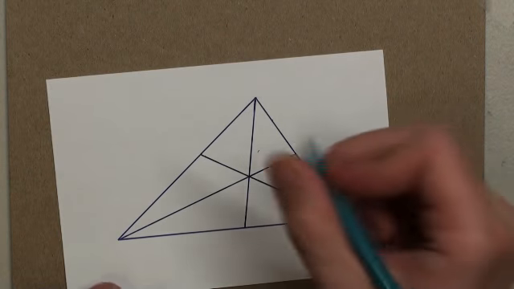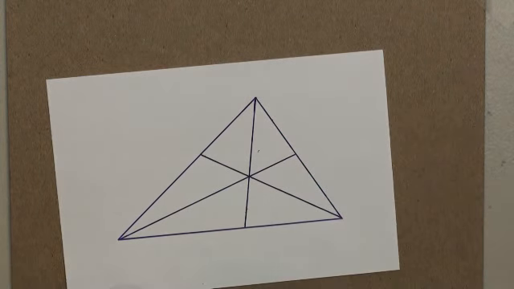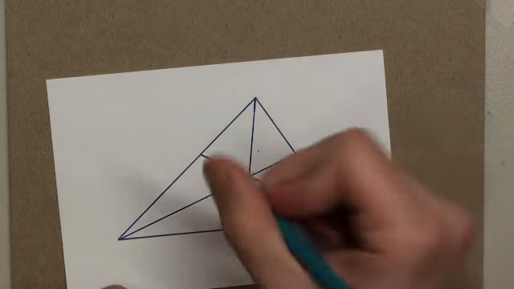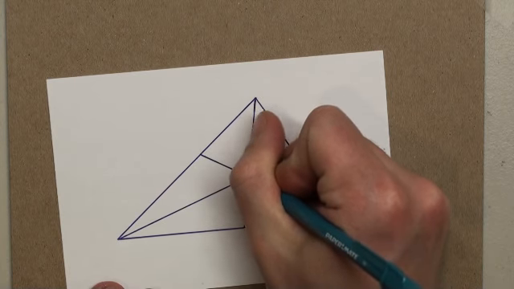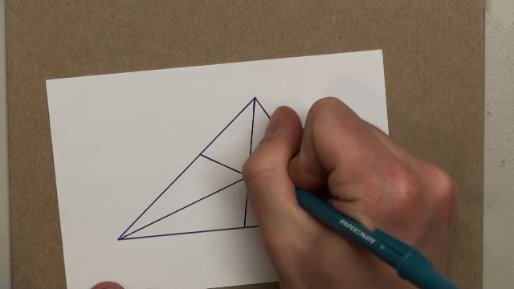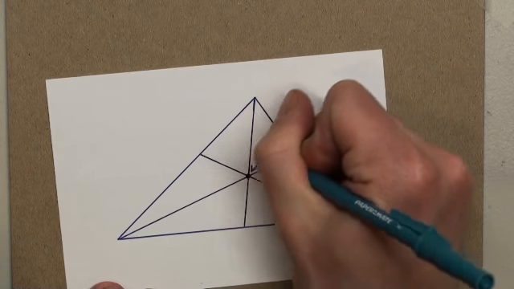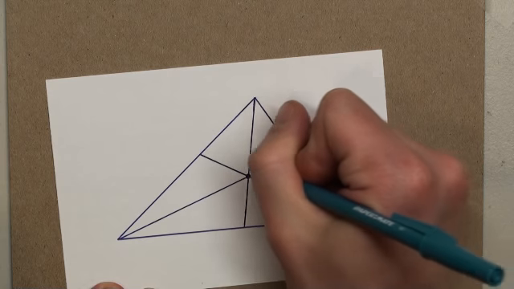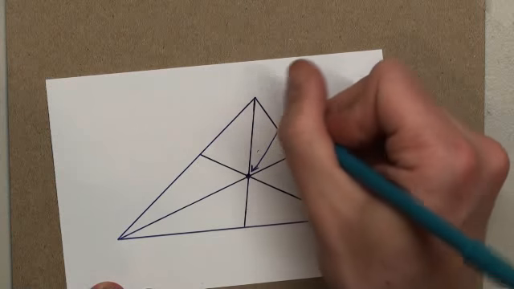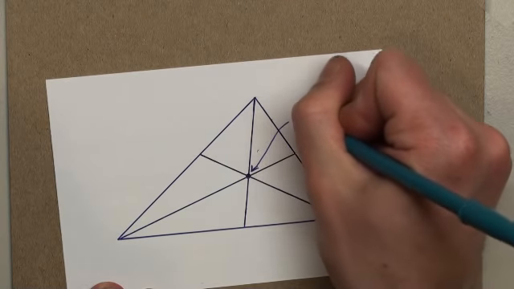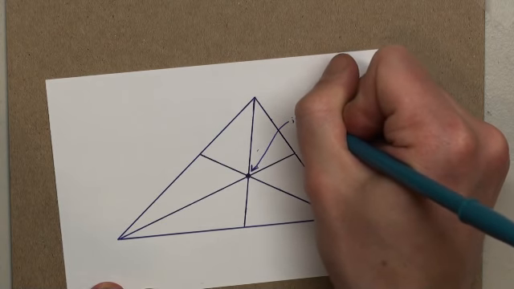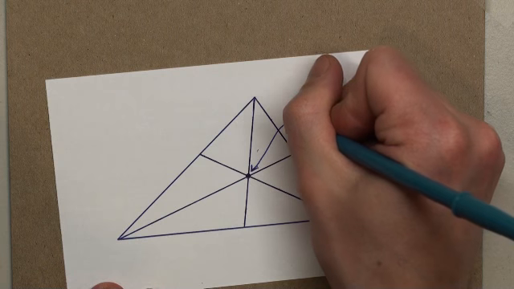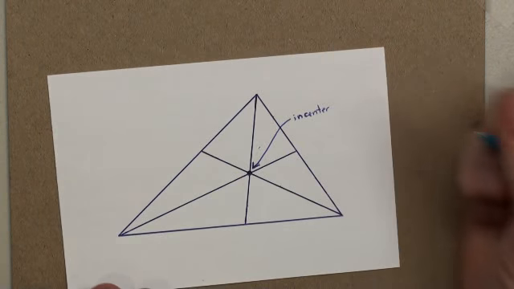So, let's see here. This point is called the incenter. Now let's just make a couple of marks on here to remind ourselves that these are angle bisectors.